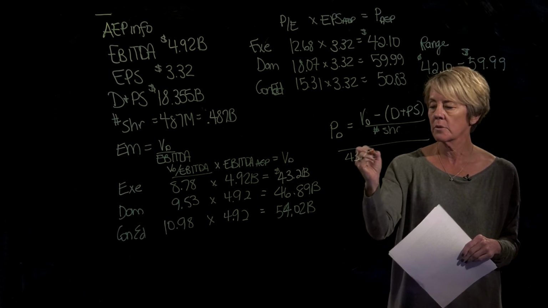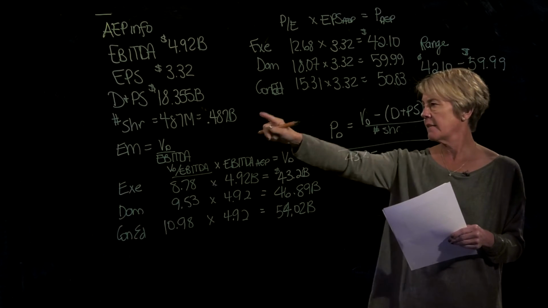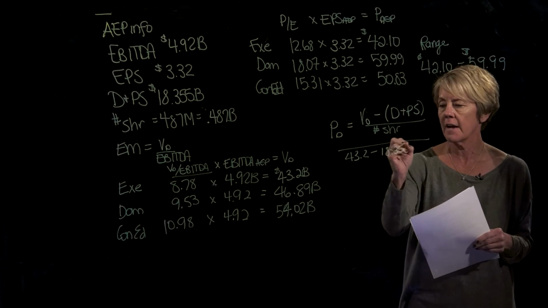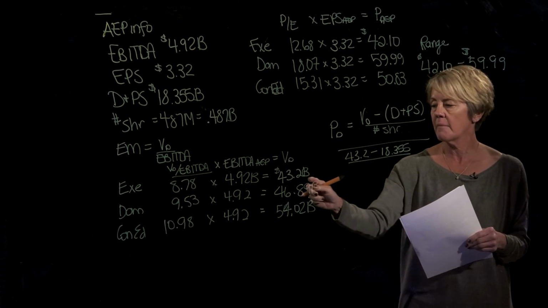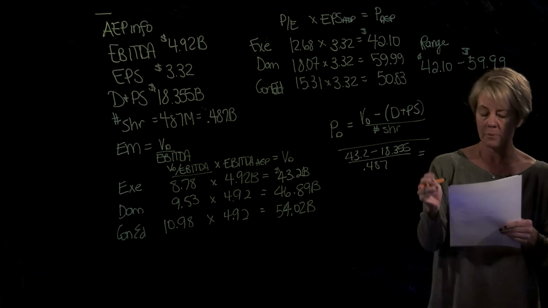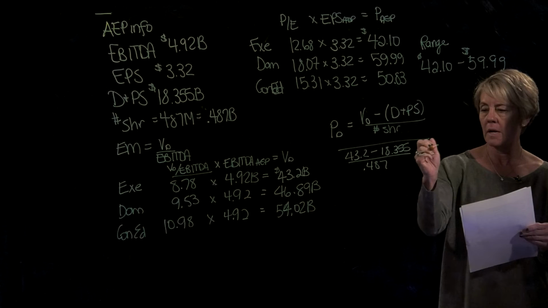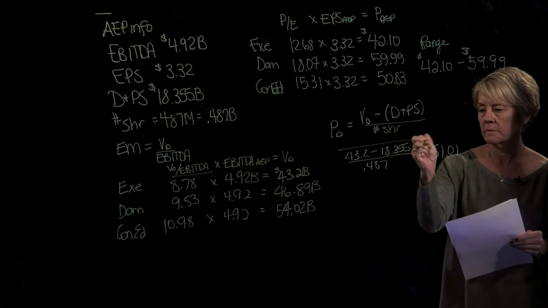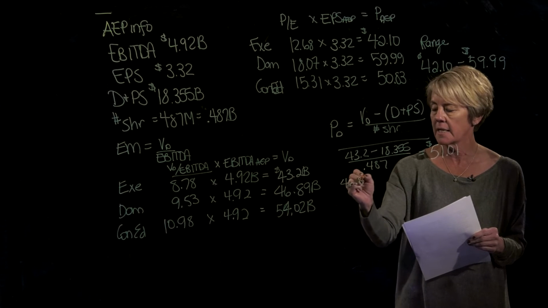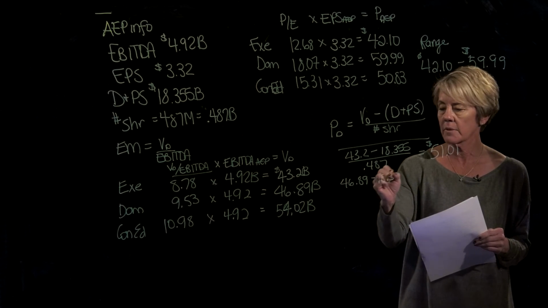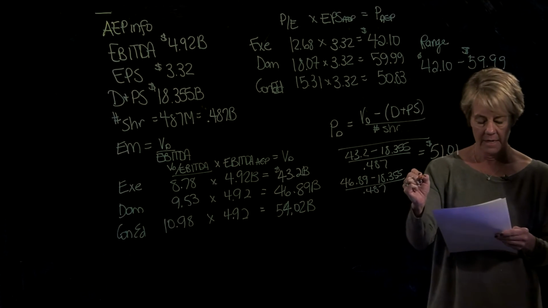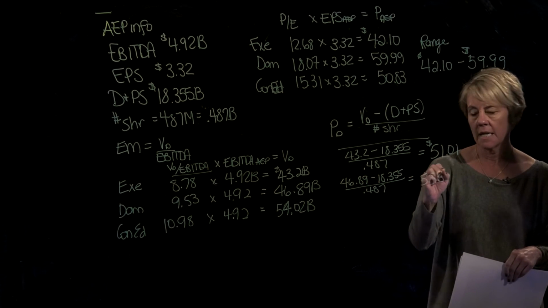43.2 minus, we know that the debt plus preferred for AEP is 18.355, and then I'm going to divide that by the number of shares, which is 0.487, and I get the price of 51.01 using the first multiple. The second one, 46.89 minus 18.355 divided by 0.487, and I get 58.88.